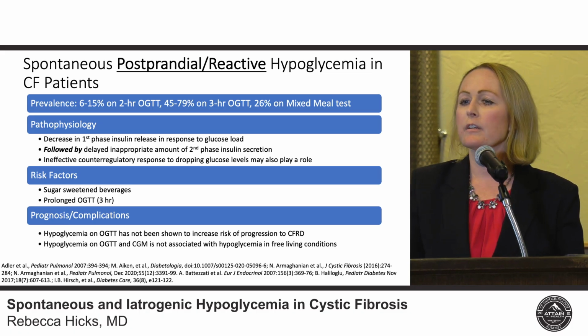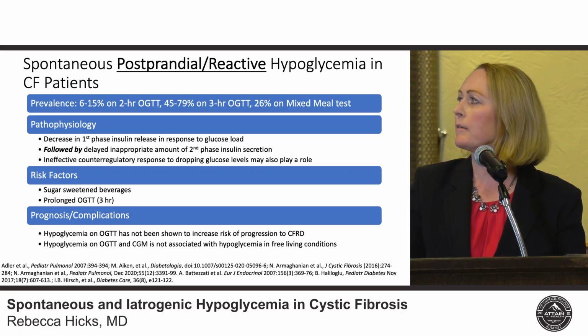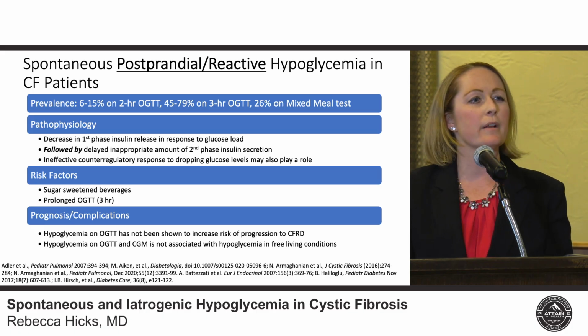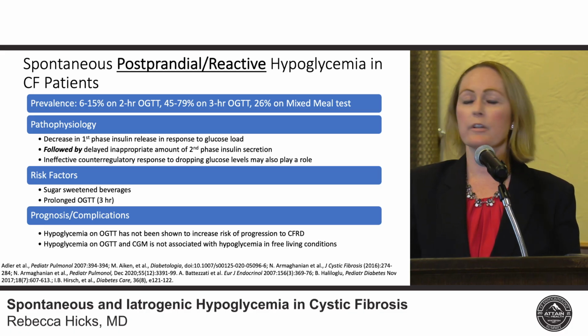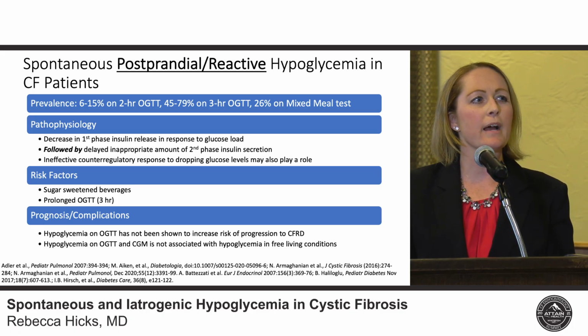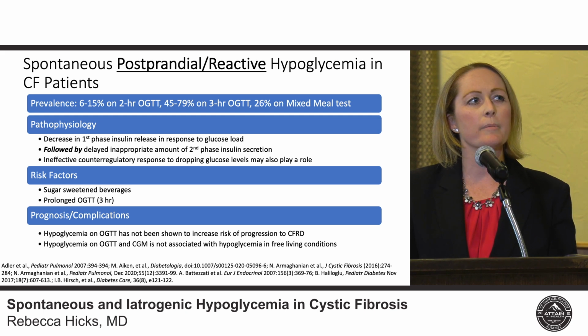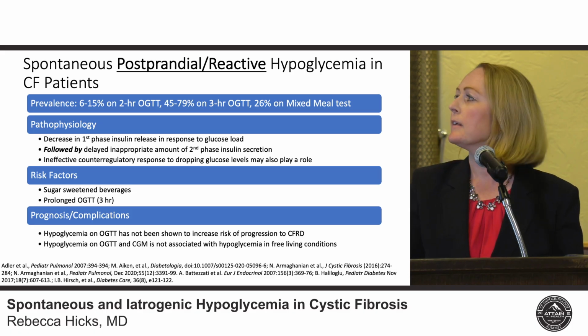The pathophysiology is related to a decrease in the first phase insulin release in response to glucose load, followed by a delayed inappropriate amount of second phase insulin secretion. So some studies reported higher insulin levels at that point, but others did not report a difference, but that it was inappropriate relative to the glucose level.